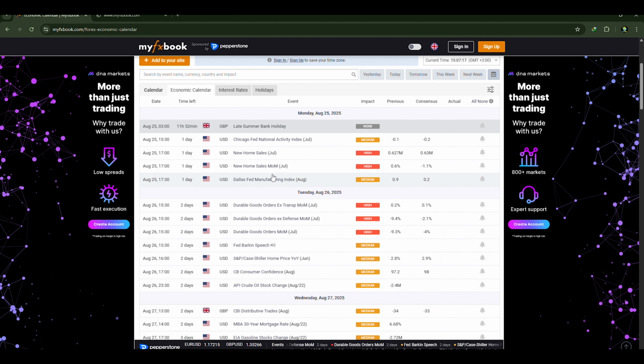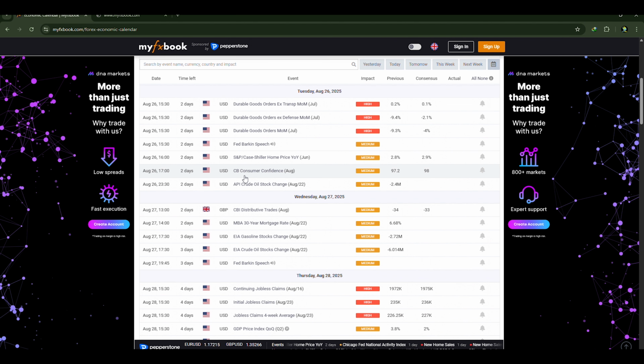less orders for the pound. Then we have USD taking more news on Monday: the new home sales and the Dallas manufacturing index being released. Going to Tuesday, nothing much except the speech from the Fed member Bakken, and maybe the consumer confidence, which will highlight the major fundamentals on Tuesday.